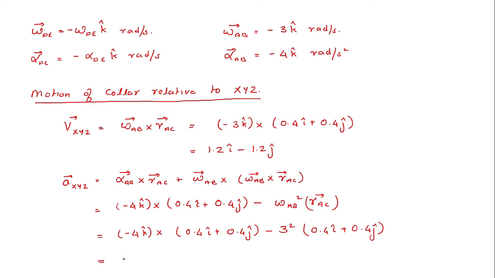If you solve this equation, you would get minus 2 I cap minus 5.2 J cap meter per second square. The velocity is in meter per second. So we have obtained the absolute velocity and acceleration of the collar with respect to the primary reference frame or the fixed reference frame capital XYZ.